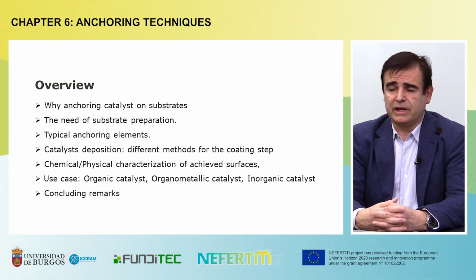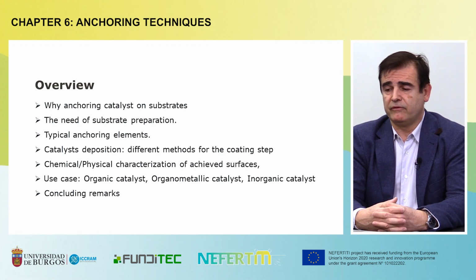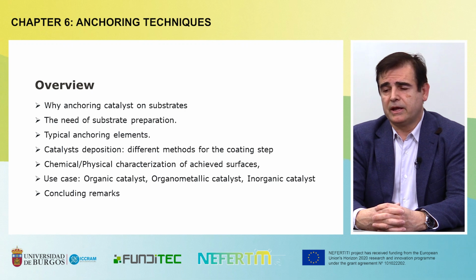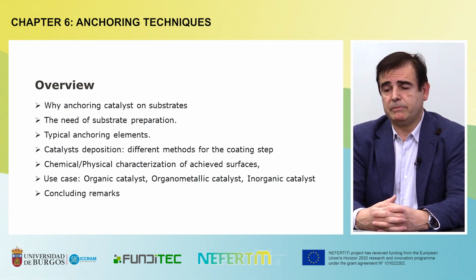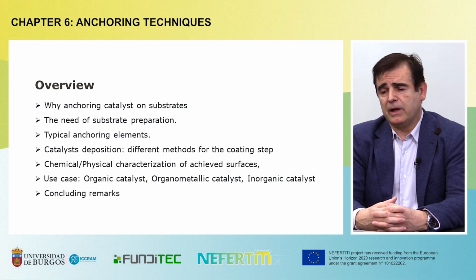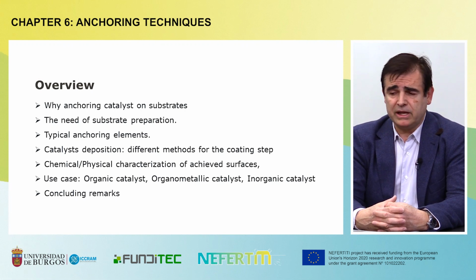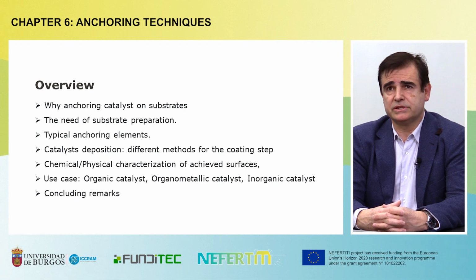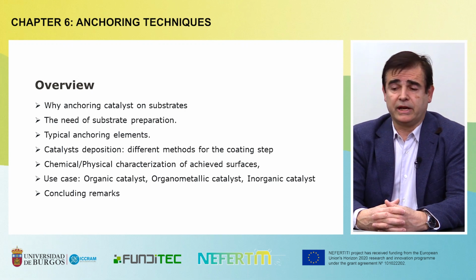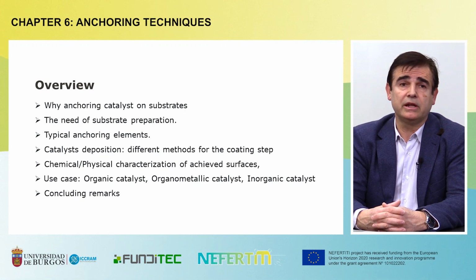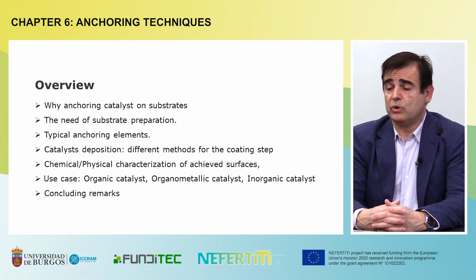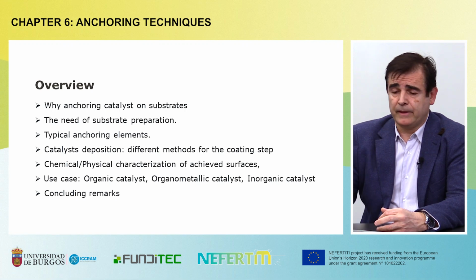We will talk about catalyst deposition, the different methods for the coating step, the chemical physical characterization of achieved surfaces, techniques and some typical values of each one. Anchoring techniques also will be explained in 3 use cases, namely for organic catalysts, for organometallic catalysts, and also for inorganic catalysts. Finally, the conclusion section will summarize the most important tips in the field.